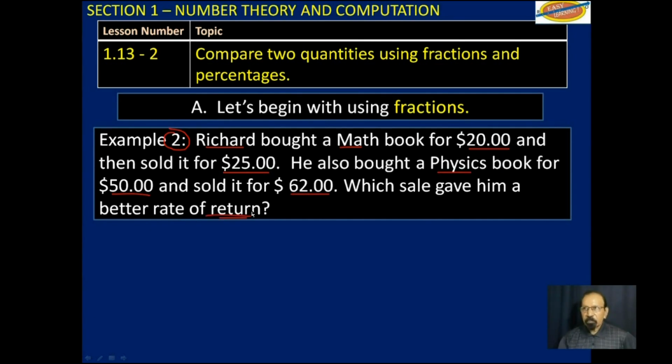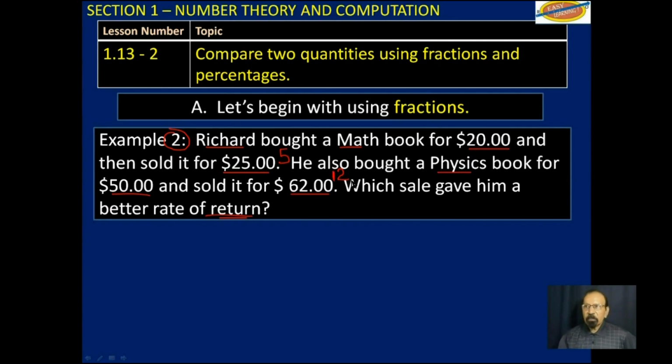Not more profit. Because if he bought the math book for $20 and sold it for $25, he got a profit of $5 there. And when he bought the physics book for $50 and sold it for $62, he got a profit of $12 there. That's not what we're talking about.